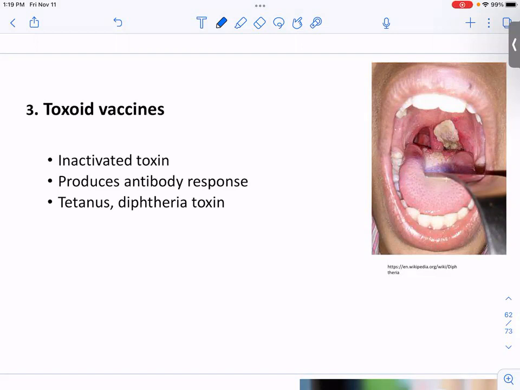We call that a toxoid vaccine. It's just inactivated toxin, and that produces a pretty good antibody response. The two infections there are tetanus and diphtheria, which are caused by the toxin. The big problem with this is that not as many epitopes are presented to our immune system, and so that's probably why immunity wanes.